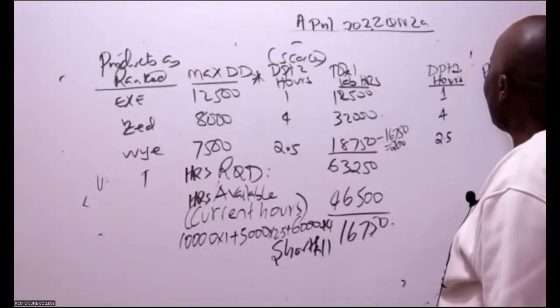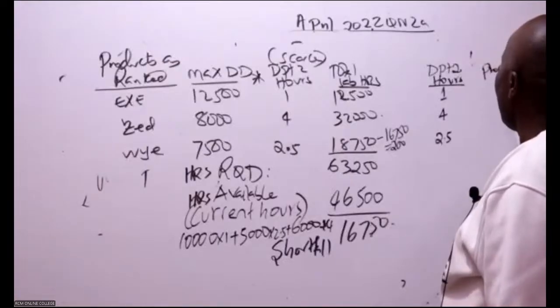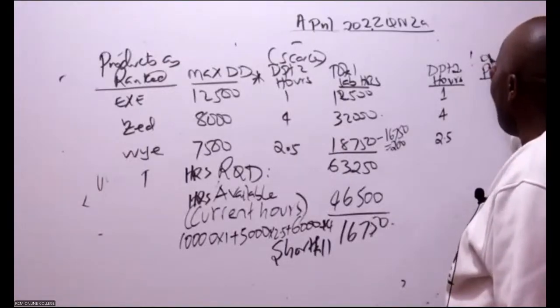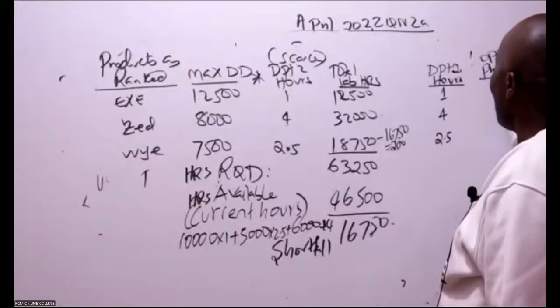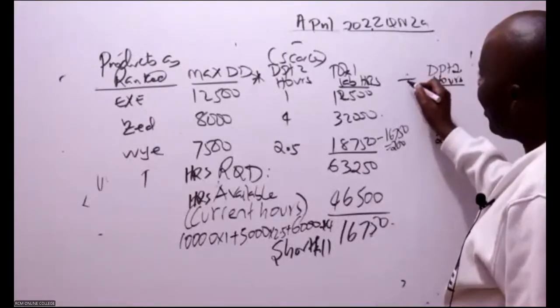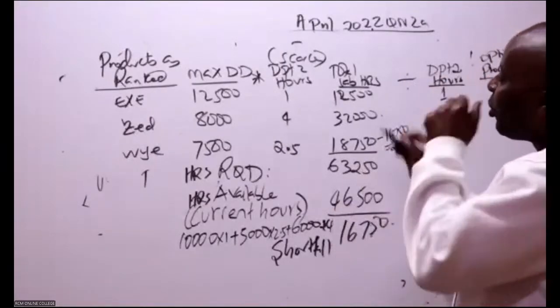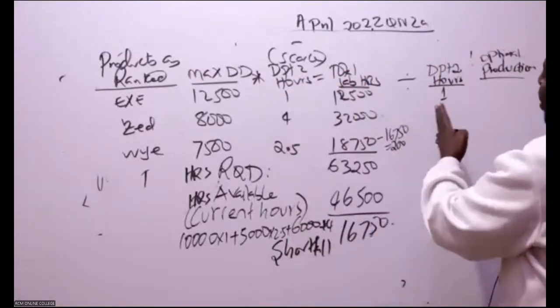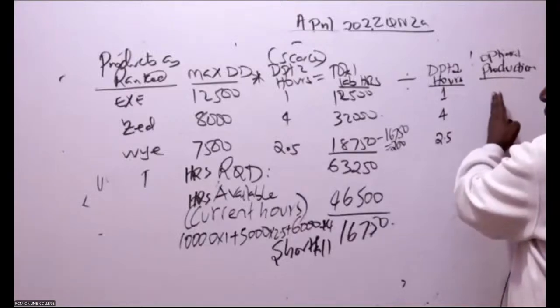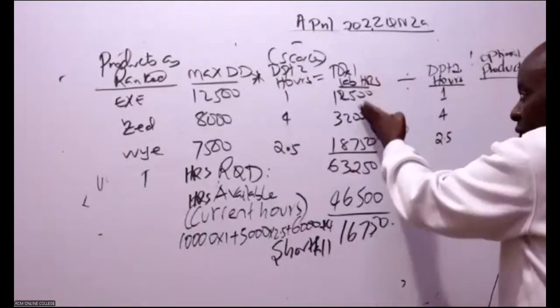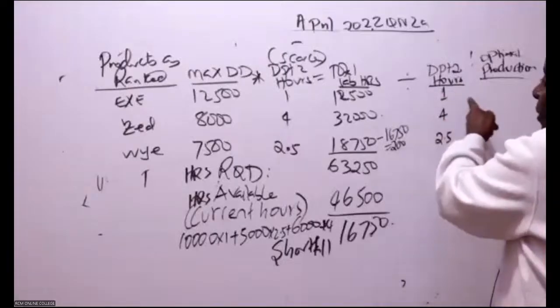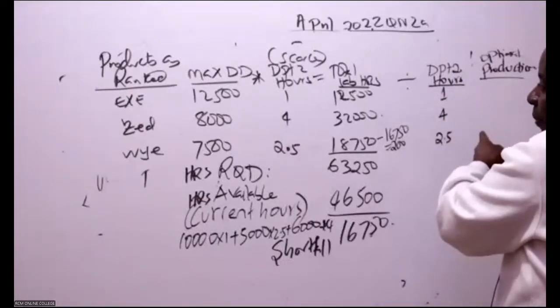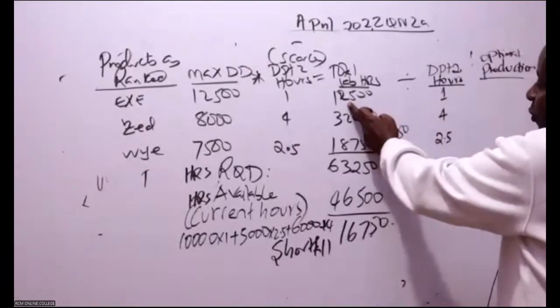And then to get the production, we can call it the optimal production, you divide. To get the total hours, we multiplied. Now to get the optimal production, you take whatever you have as the total and divide by these labor hours. The first one will be 12,500 divided by 1.